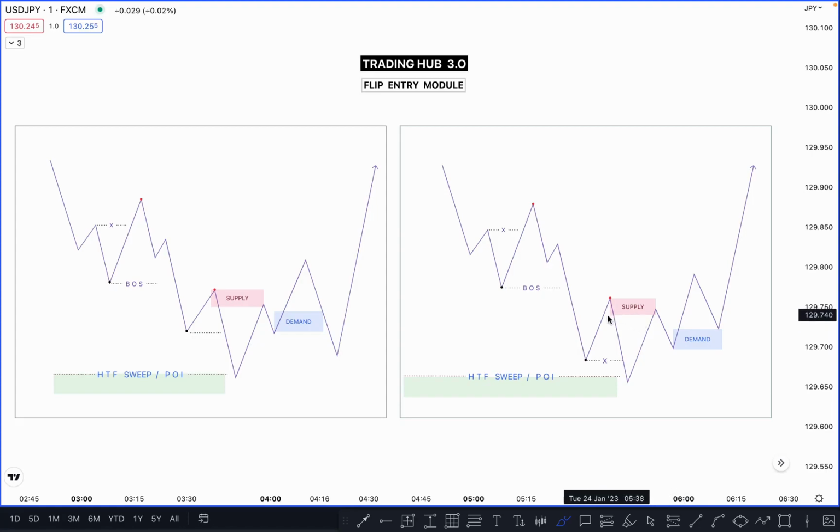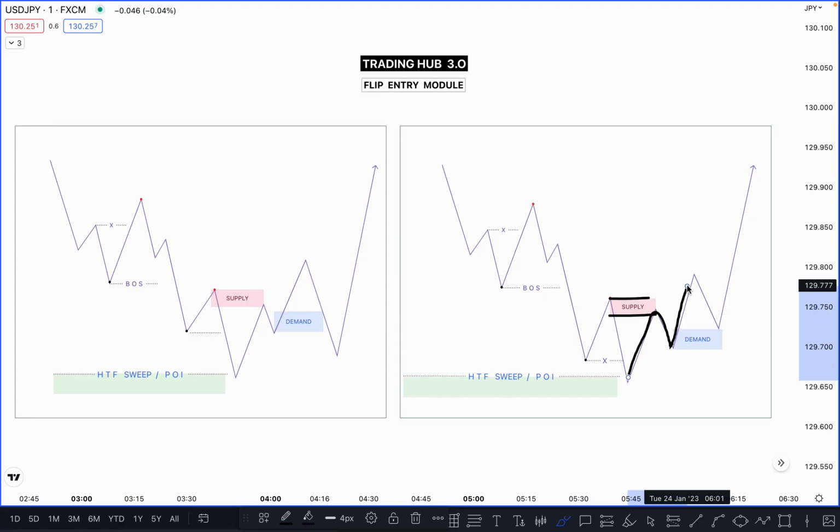So what happened here: the market tapped on your supply point, which is here, and this one is our lower time frame structure. The market taps here, gives a small reaction at this point, and goes higher. Sometimes you will see the market not break this high, and sometimes you will see the market just break this one. This is also an indication that this supply is not valid here. Why?